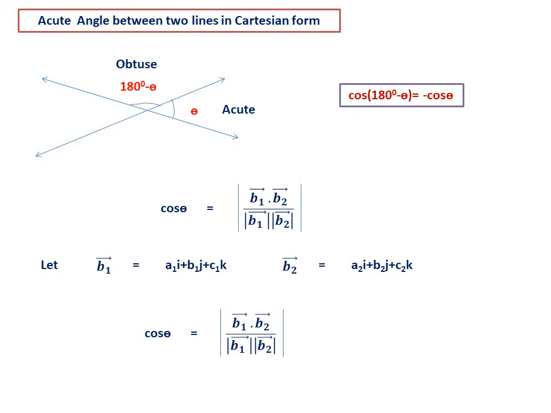Similarly, magnitude b1 will be equal to square root of a1 square plus b1 square plus c1 square, and magnitude b2 will be equal to square root of a2 square plus b2 square plus c2 square. So this formula you can use whenever you are asked to find the angle between two lines. Now let us take 2 more conditions before we solve the problem.